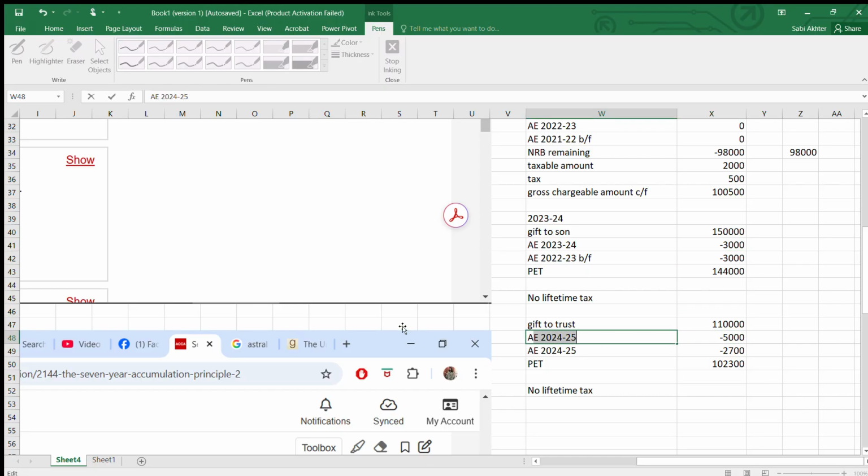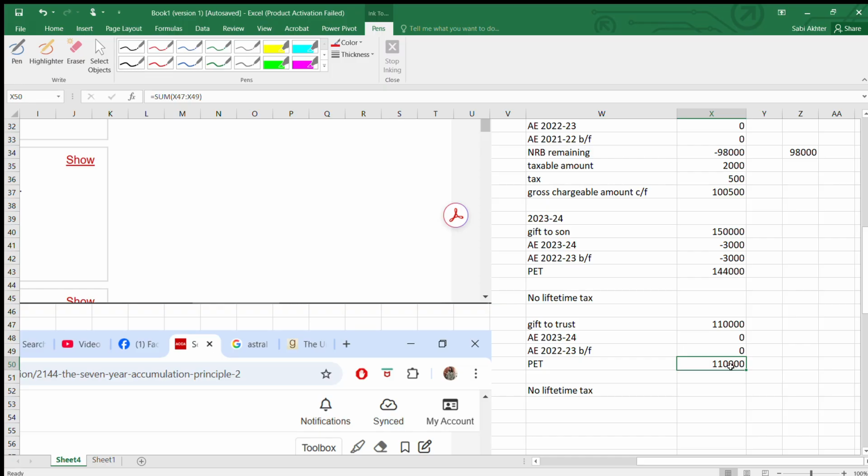But still, you have to show that the exemptions are 0. So this too, let me copy it here. 0, because nothing is remaining. So your chargeable value is 110,000.